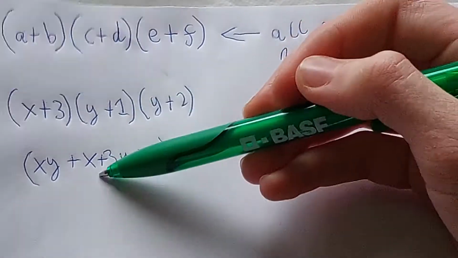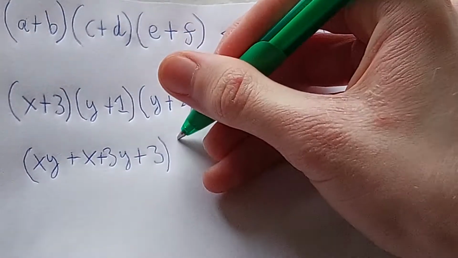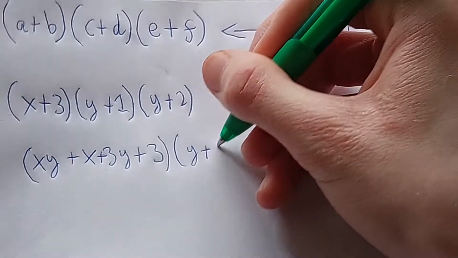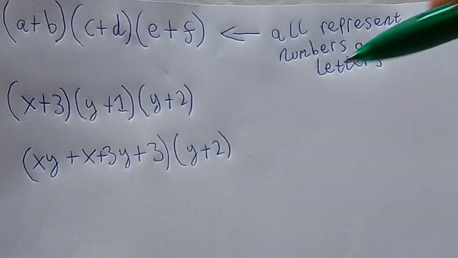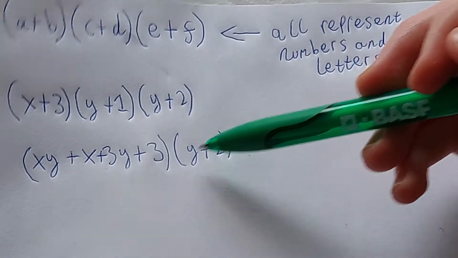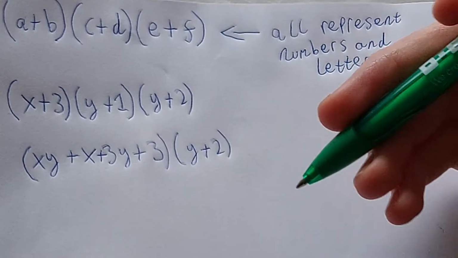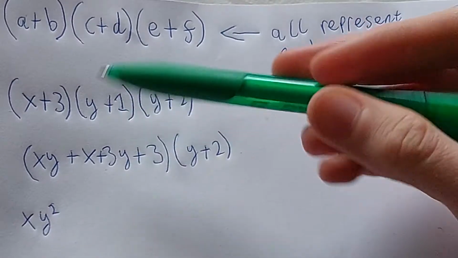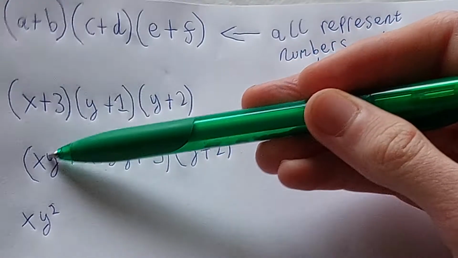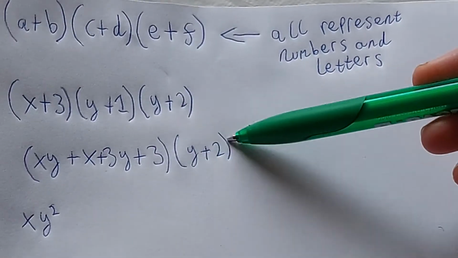So we take this one and times it by the last bracket, which is (y + 2) in this case. What we need to do is take each term from this bracket and times it by each term in this bracket.